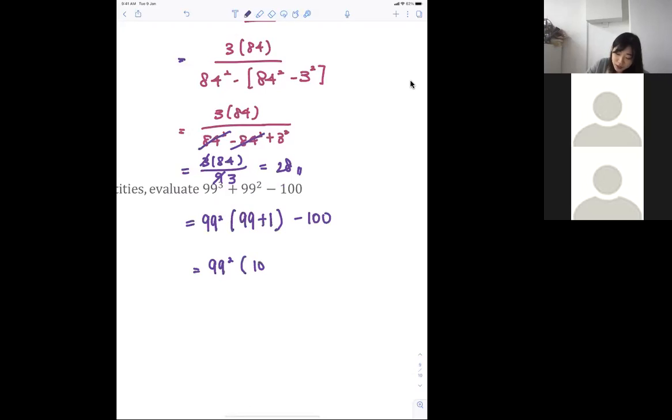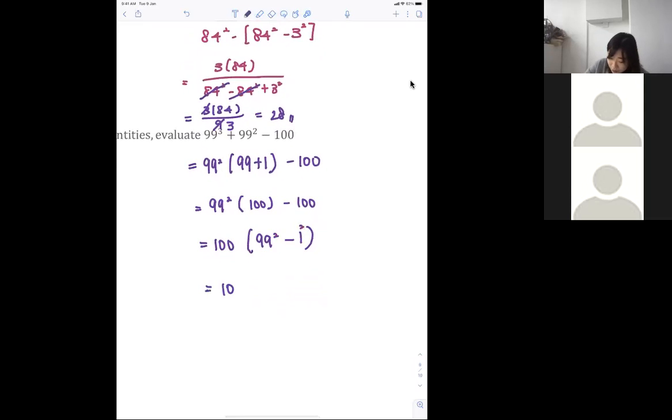99 plus 1, 100. Okay, so what we can do here is you treat this as x again. We can take out 100. We factorize out 100. From this term, when you take out 100, you're left with 99 square. You take out yourself is 1. Okay, can you see? So now we have a square minus b square.